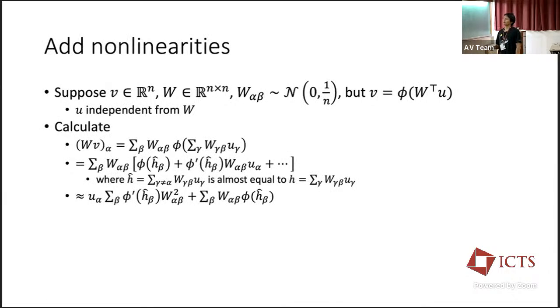Now when n goes to infinity, what happens here? Earlier, phi prime is just 1. So we just got 1 here because W squared alpha beta has mean 1 over n.